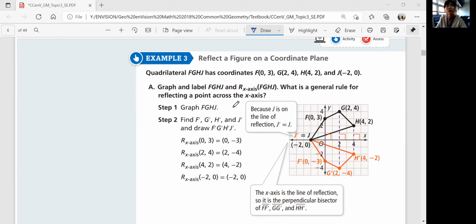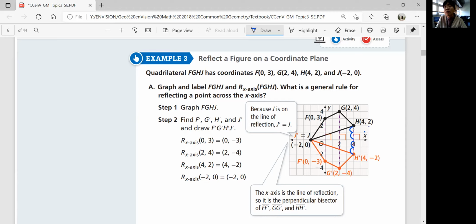If you're reflecting a point across the x-axis, it means you need to draw a line perpendicular to x, which is a vertical line. And it needs to be the same distance away from the x-axis, right? So (4, 2) is 2 units away from the x-axis, which means you need to go 2 units further down. So that's going to be same x, but different y value.